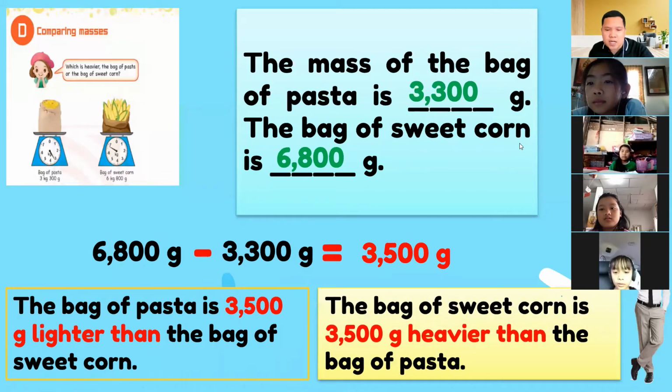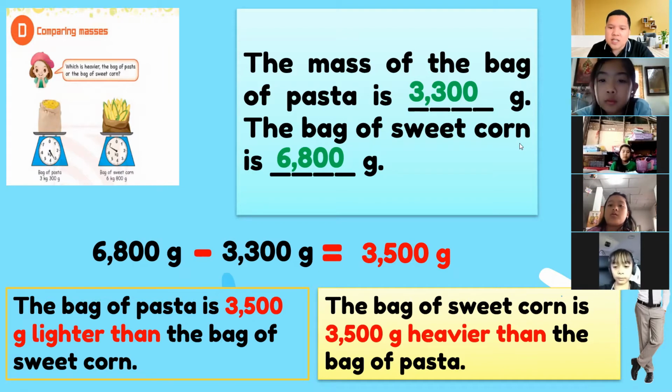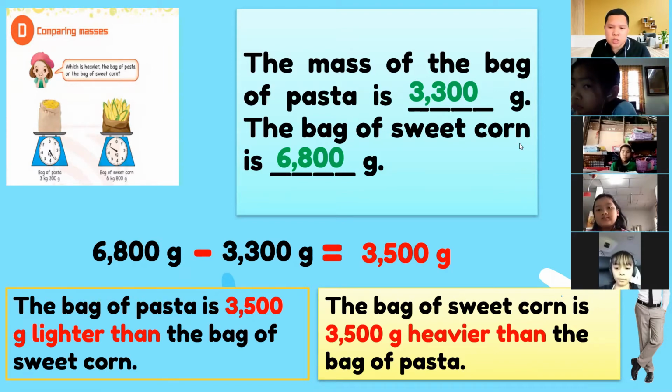On the other hand, the bag of sweet corn is 3,500 grams heavier than the bag of pasta. So this is what you're going to do in your workbook or in your textbook too. You're going to subtract so that you will know how much lighter or how much heavier it is.